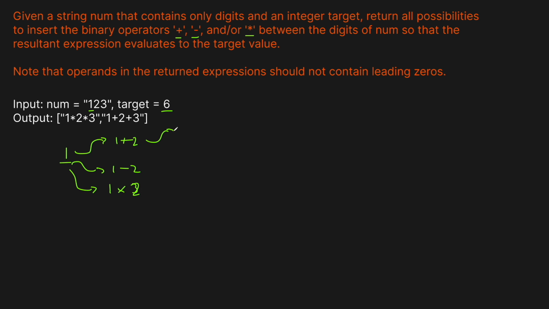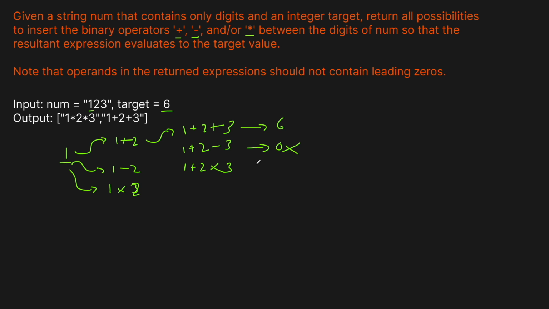So we could have 1 plus 2, and then we could do 1 plus 2 plus 3. We could do 1 plus 2 minus 3. We could do 1 plus 2 multiplied by 3, and on and on and on, until we exhaust all of our values. And then at the end, we can actually evaluate all of these expressions. So this is 6 here. This is going to be 0.